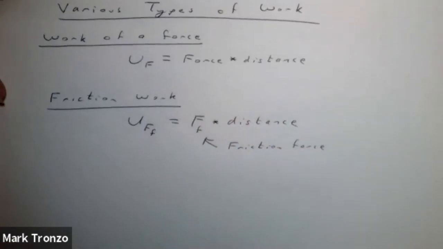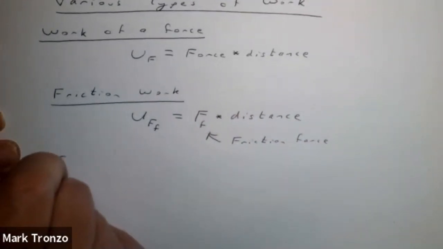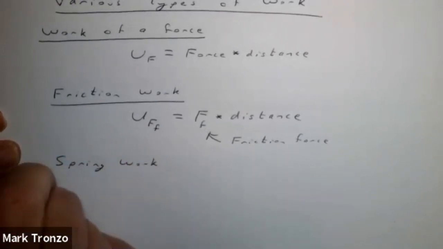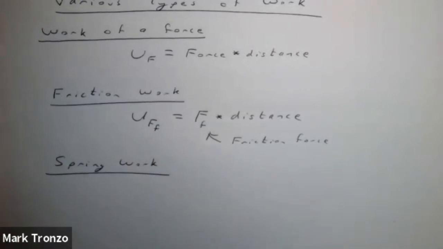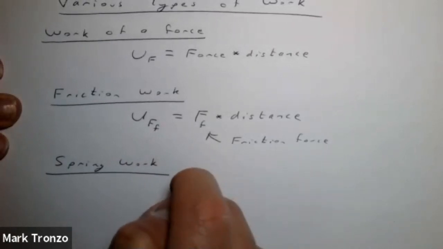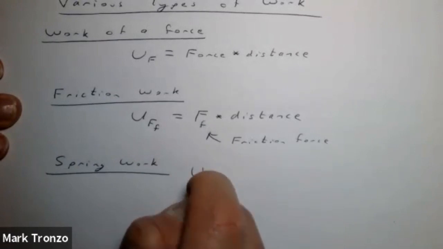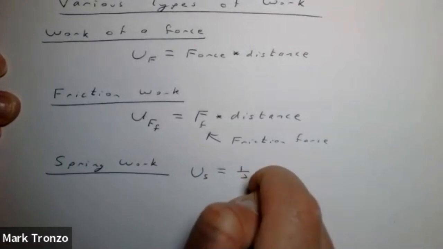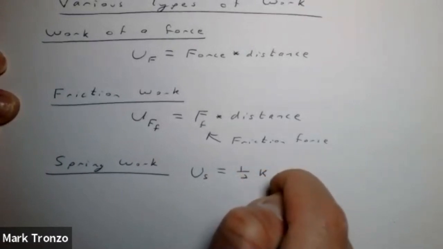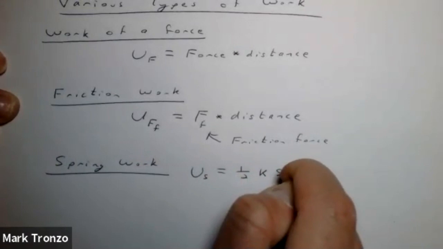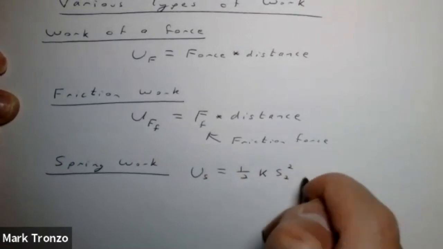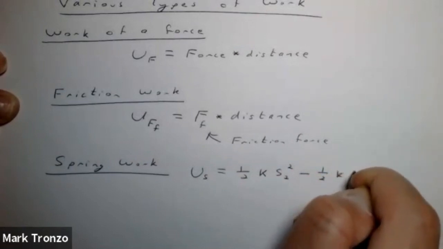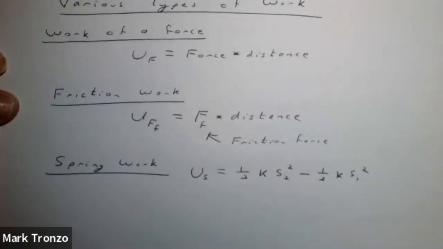And then spring work. And again, that's just going to be the work of a spring. And usually it'll be represented this way. Say U of S is going to be equal to 1/2 the spring constant times the last position squared, minus 1/2 K times the initial position squared.